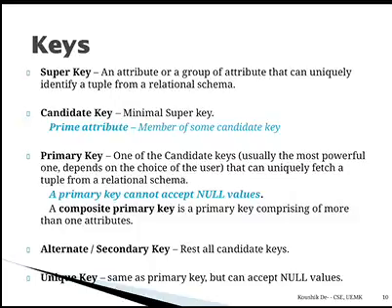Multiple rows in the referencing table may refer to the same row in the referenced table. In this case, the relationship between the two tables is called a one to many relationship between the referenced table and the referencing table.